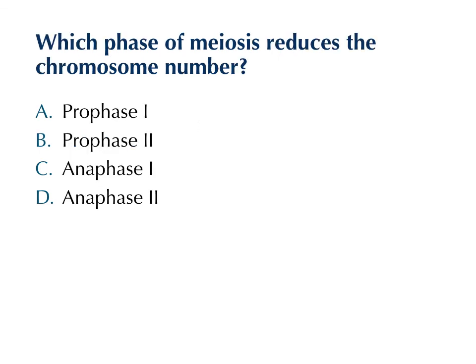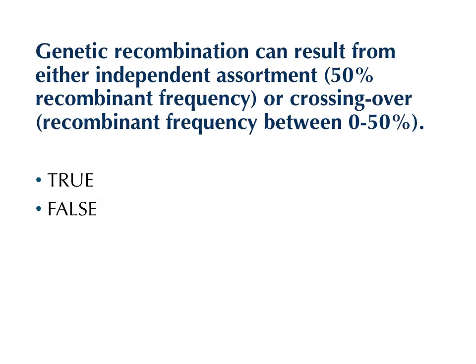Which phase of meiosis reduces the chromosome number? So this is the reductional division. Okay? And the reduction happens during anaphase 1. Anaphase 1 is when they're actually separated at different poles. Genetic recombination can result from either independent assortment, 50% recombination frequency, or crossing over, recombination frequency somewhere between 0 and 50%.